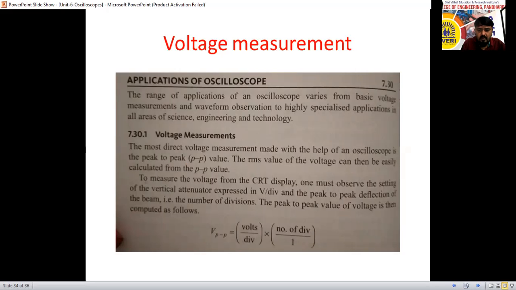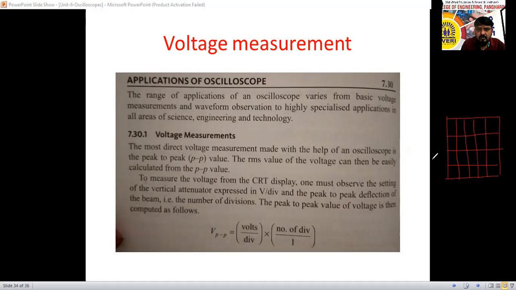See, I will ask one question here now. Actually we have discussed here, this is okay. Suppose there is a graph like this. The graph is there. Here number of divisions are there here. Divisions are there, right?